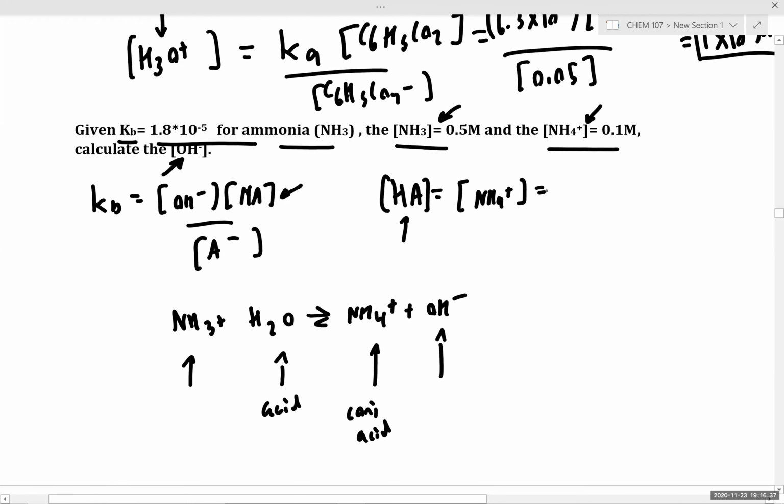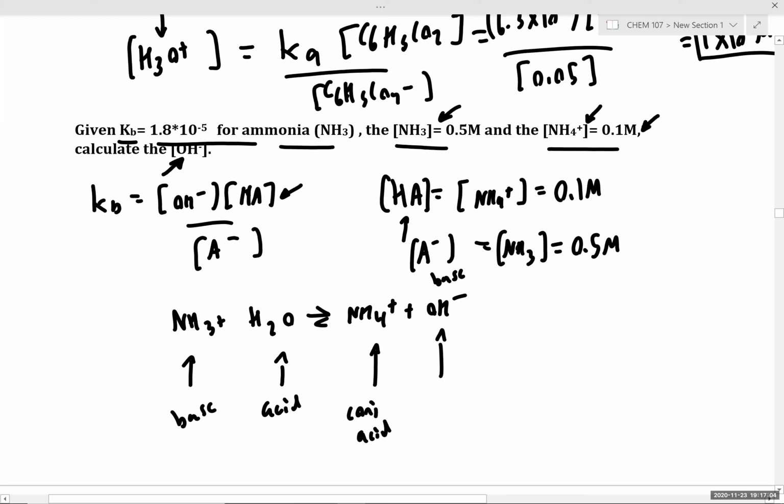And what's the concentration of ammonium in this problem? 0.1 M. Perfect. And what is our A minus? What is our base in this reaction? Yep, ammonia is our base, and we know the concentration of ammonia is 0.5 molar.